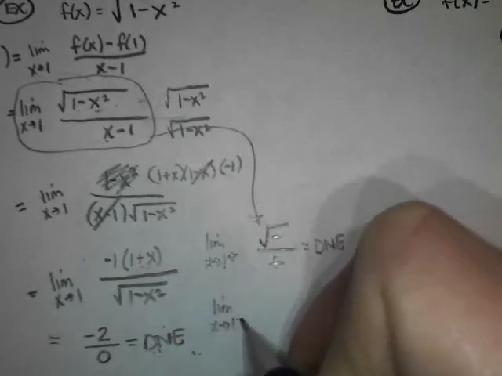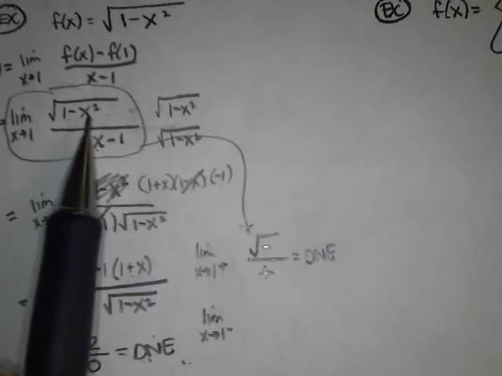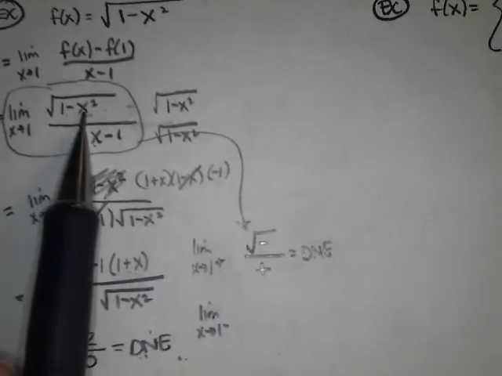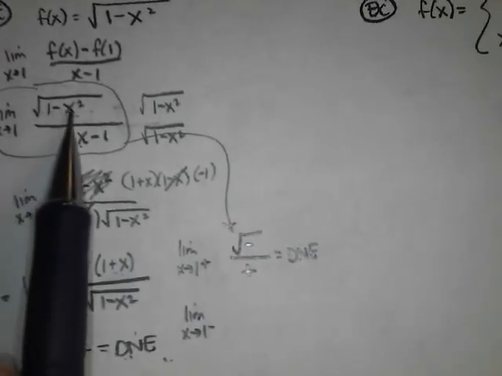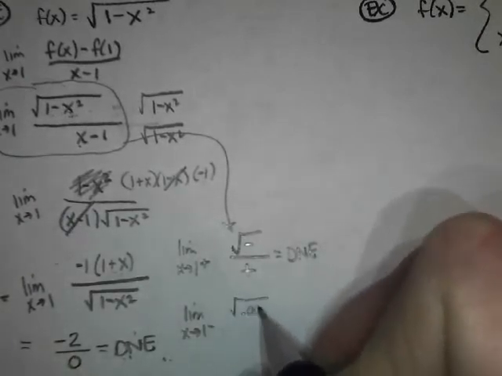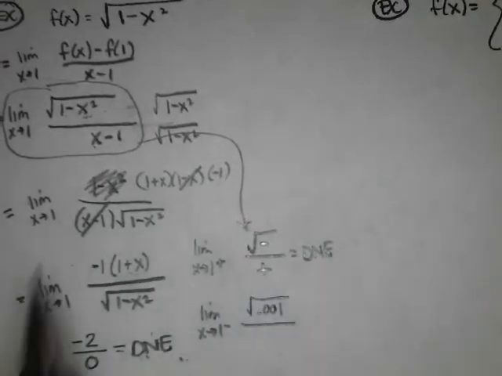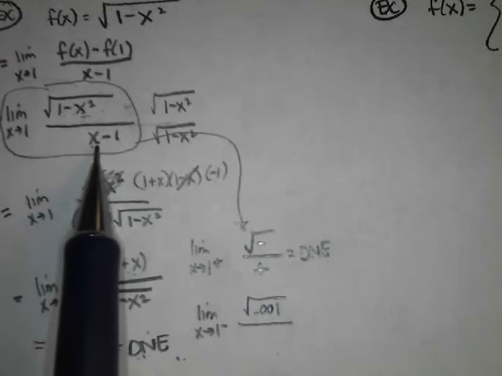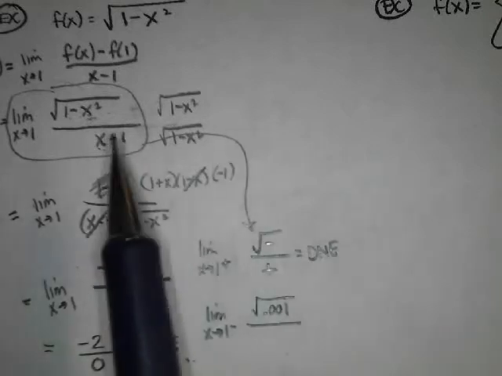If I approach 1 from the left, I'm going to get something slightly smaller than 1 when I square it. So 1 minus that number is going to be pretty close to 0, but at least positive, like 0.001, over, and if I plug in something slightly smaller than 1, like 0.999, 0.999 minus 1 is going to be like negative 0.001.